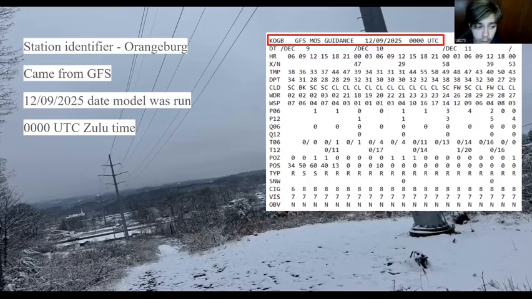So if you say midnight, go back 5, that's 7 p.m. So this was from 7 p.m. really yesterday. But nevertheless, let's move on to the next row.